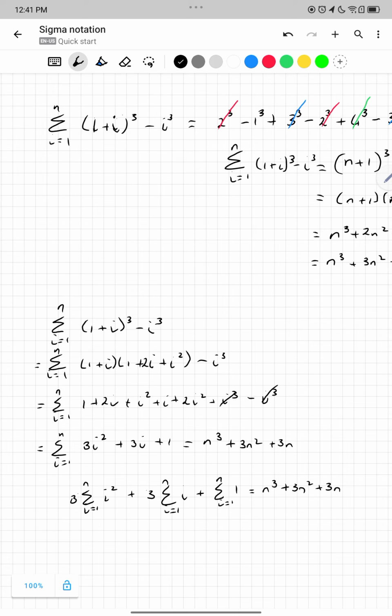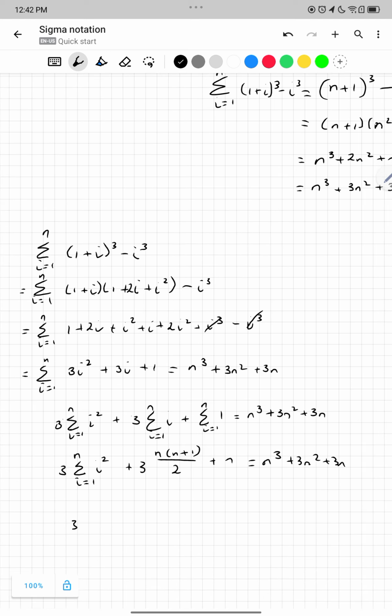So we've got 3 times the summation of i squared plus 3 times, this is (n plus 1) all over 2, plus n, is equal to n cubed plus 3n squared plus 3n.